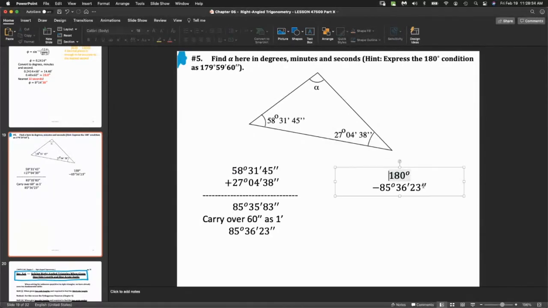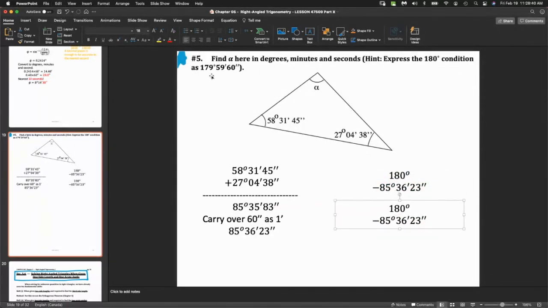So we should borrow first, okay? So this one's no good to us. So we'll redo it as this statement up here: 170 degrees, 59 minutes, and 60 seconds. And I think at this point we're good to go.